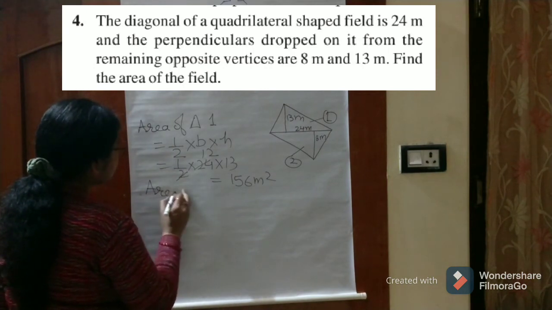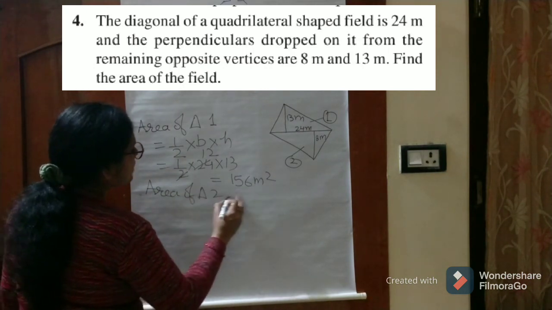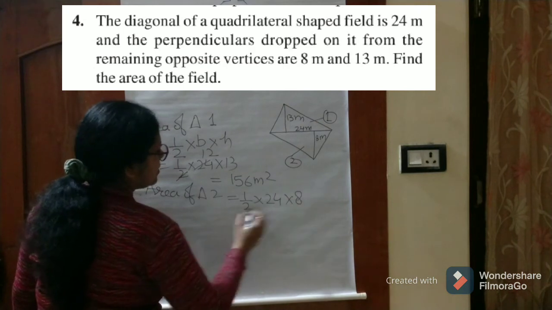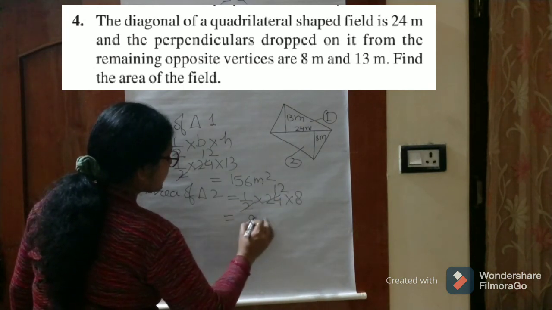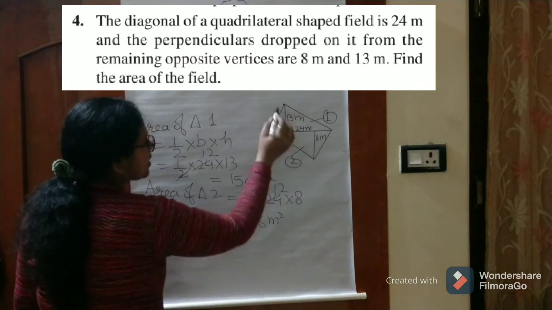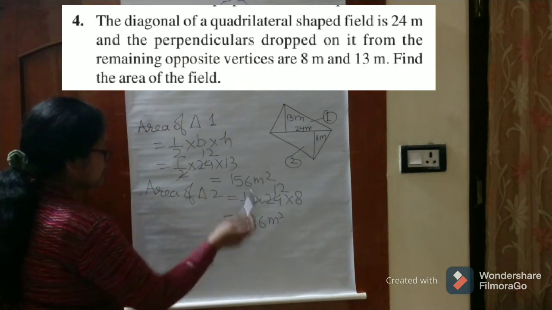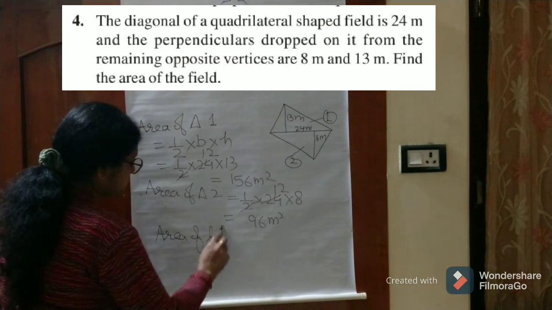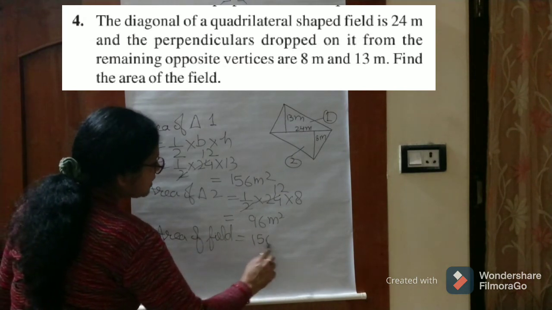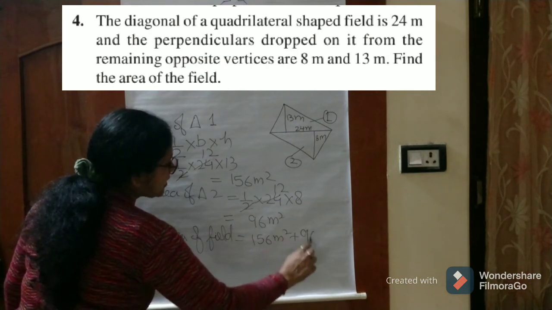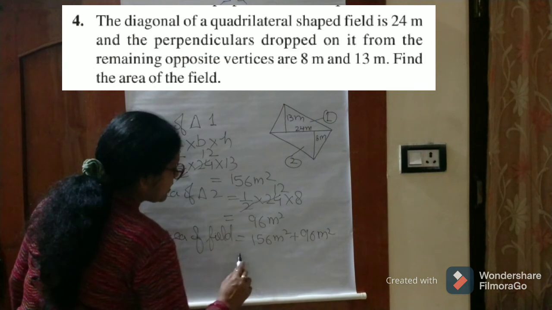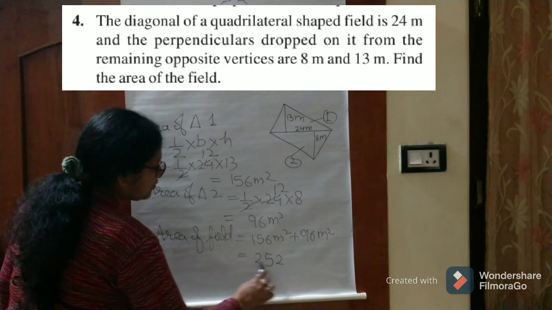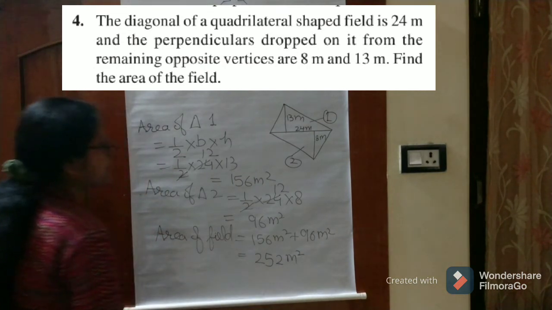Now area of triangle 2, that is half into base. Again base is 24 and height is 8. So it will be 96 meter square. Now we have to find the area of the total field, the quadrilateral, so we have to add these two areas. So area of field means 156 meter square plus 96 meter square. 6 and 6 12, 9 and 5 14 and 1 15 and 2, here 252 meter square.